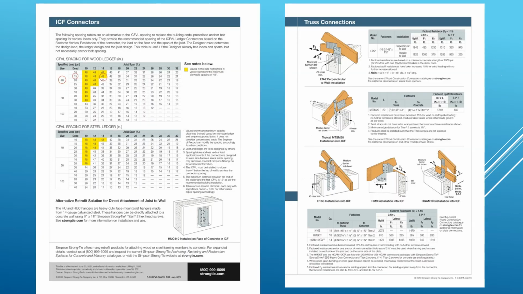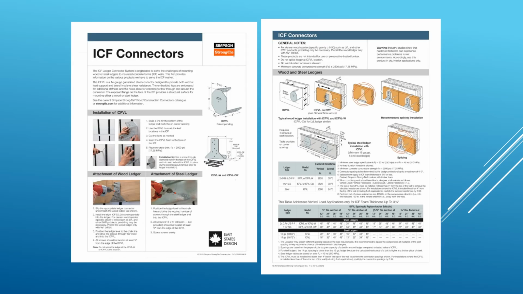Now, the other thing is that Simpson makes a product that's not referenced in the code or anything, which I think we should give a look at and see if it'll work. They have anchor bolts, they've got ties, they have a whole system for ICFs, and you can see how you embed this in the foam, and this gets screwed in with the special screws for your ledger board here.